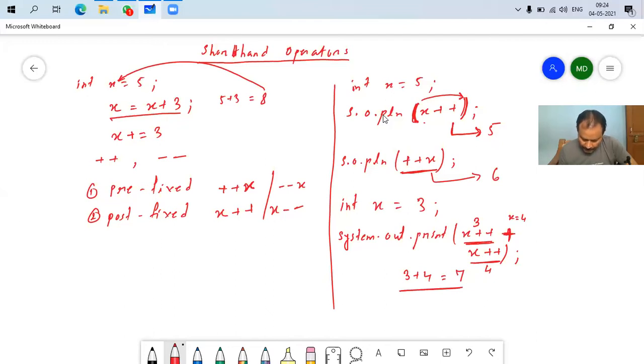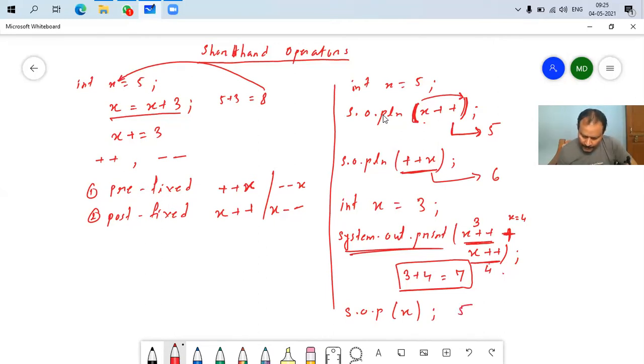Now, after the execution of this particular statement, if we check x, then what could be the value of x? It becomes 5. Why 5?